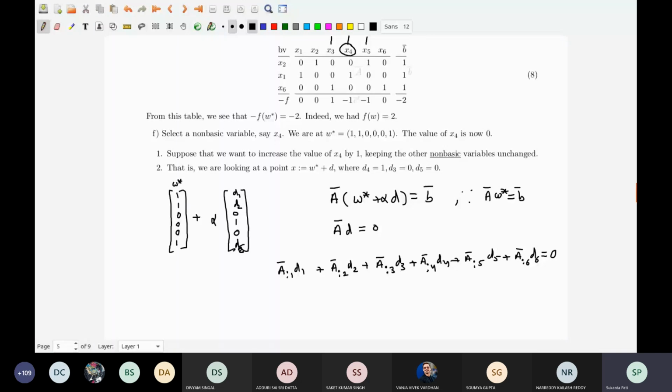So it follows that d2, d1, d6 is equal to, what remains is A bar column 4. A bar column 4 is 0 1 0, with a minus sign.